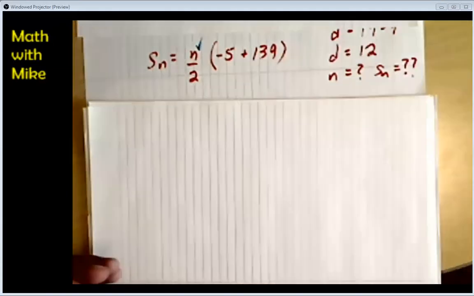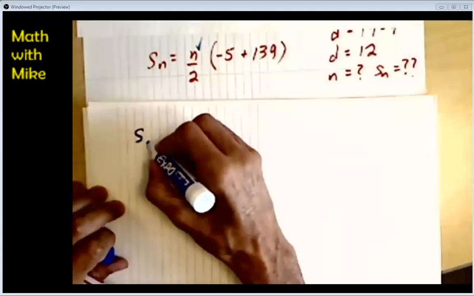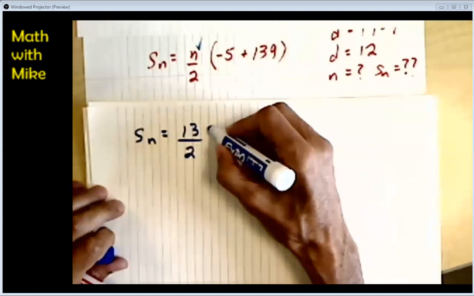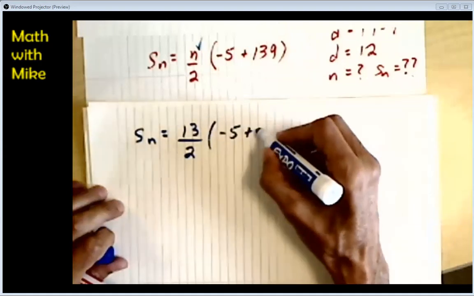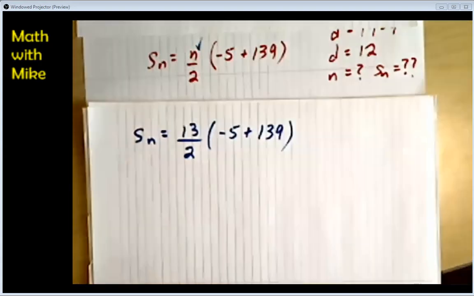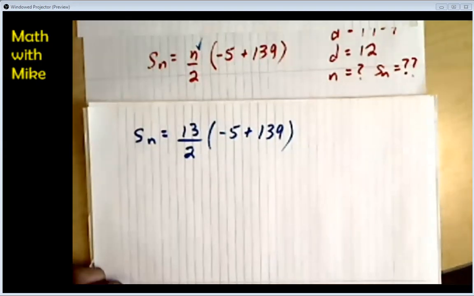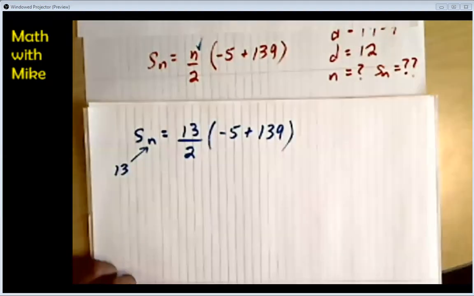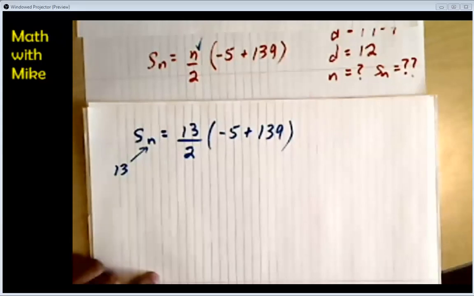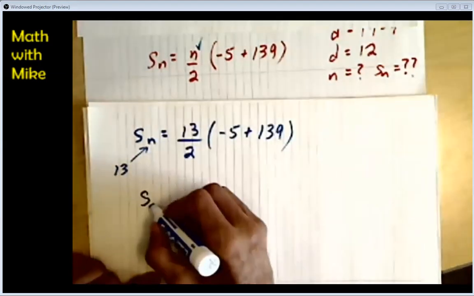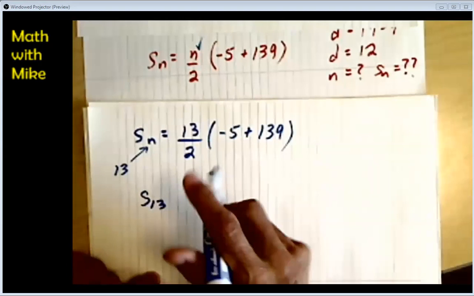Putting that in there, we now have Sn is going to equal 13 is now in there, times minus 5 plus 139. I mentioned this yesterday: once you start substituting things in, it should change along the way. So it's no longer Sn. It should now be S13, because we replaced n with 13 there.